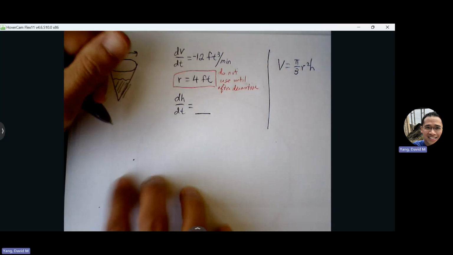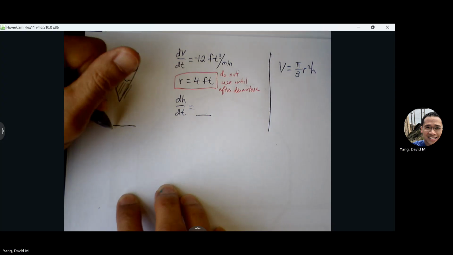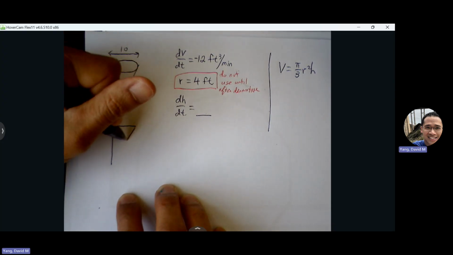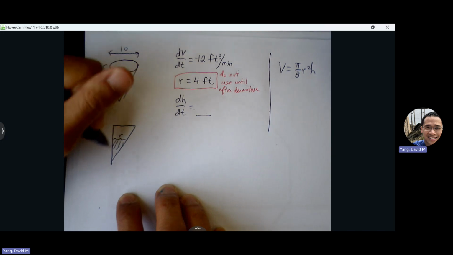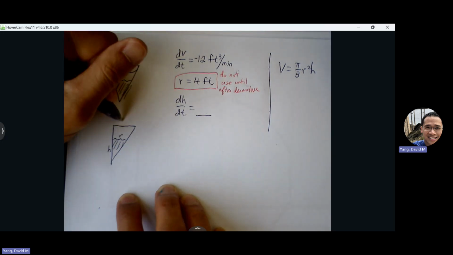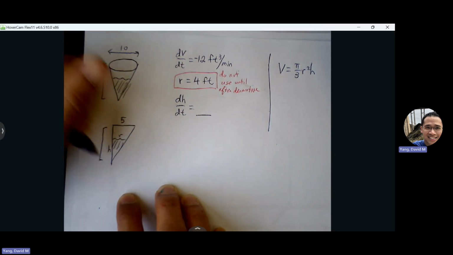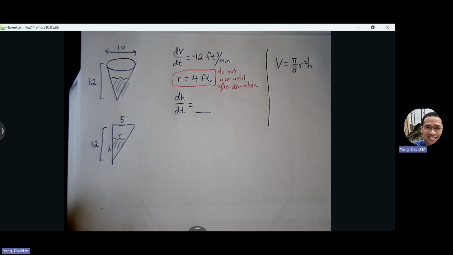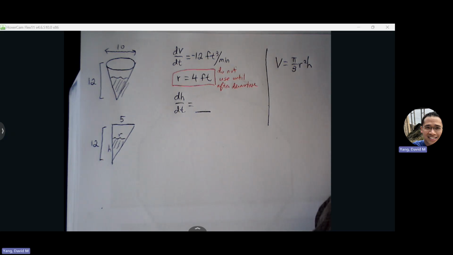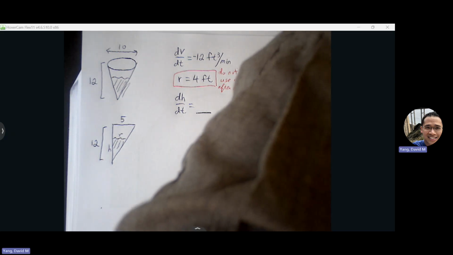It first said the rate is. That's fine. He asked me to change the whether it's. I think the question said radius. Oh, it did? My bad. Instead of height. No, it said, let's see, 10 feet across, right? 12 feet deep.